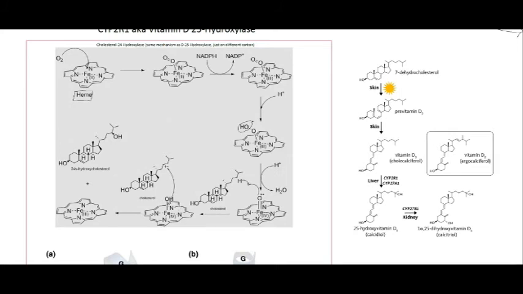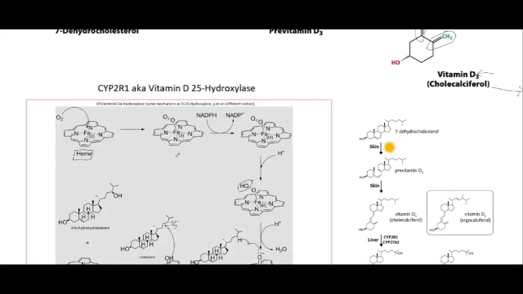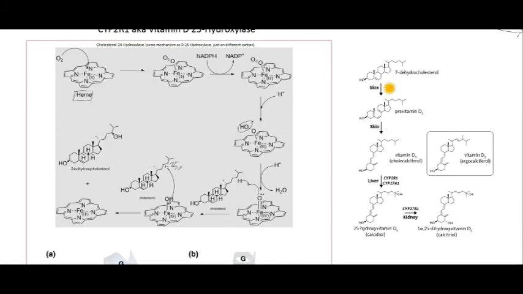So now one electron is coming from this bond here to bond to this radical on the 25th carbon, which is why it's called 25-hydroxylase, because we are hydroxylating the 25th carbon.